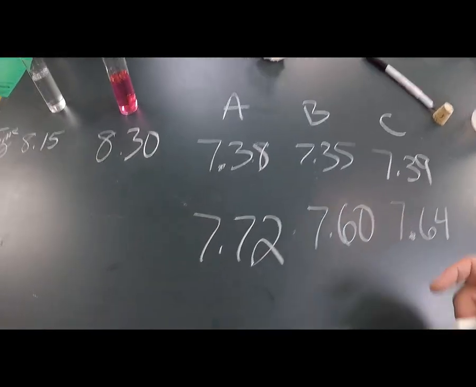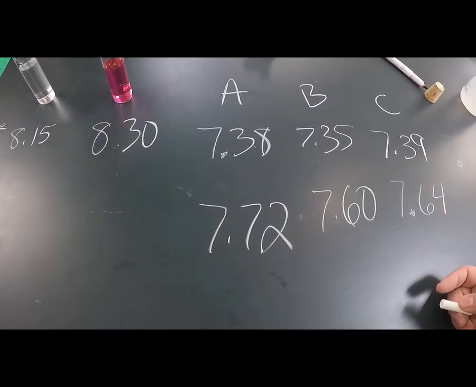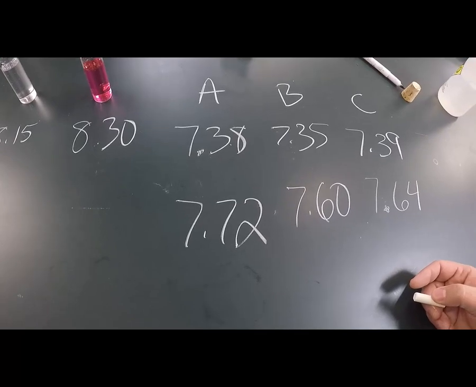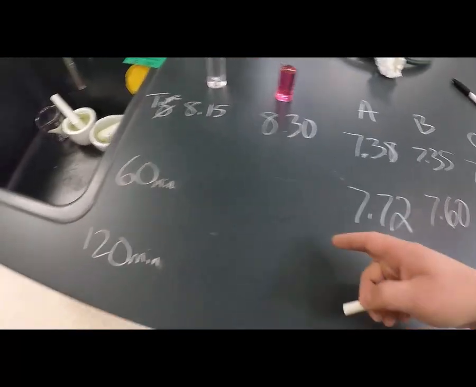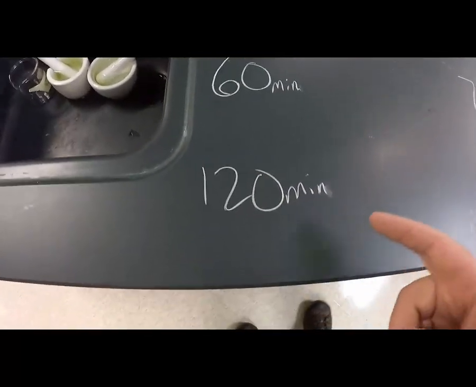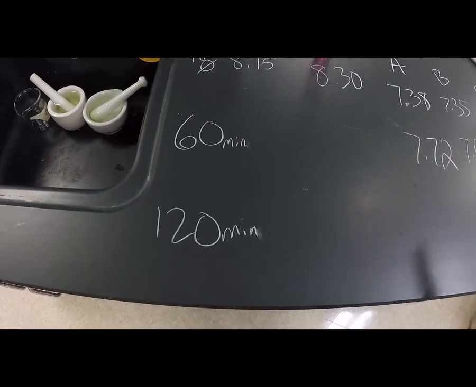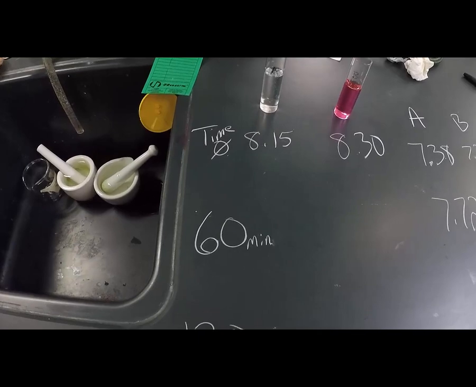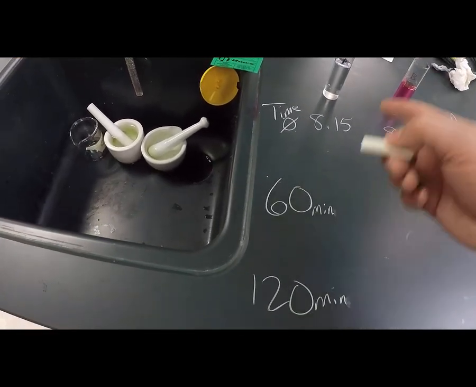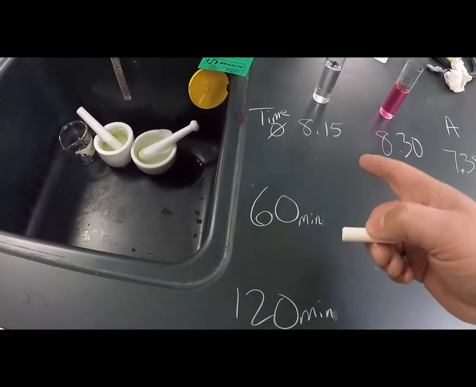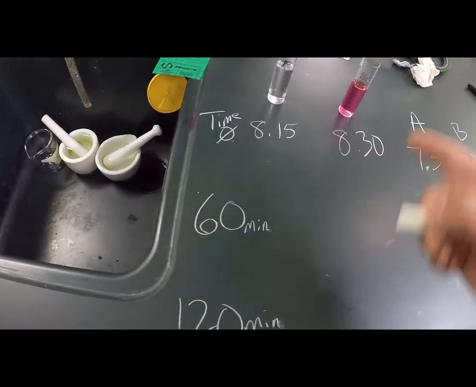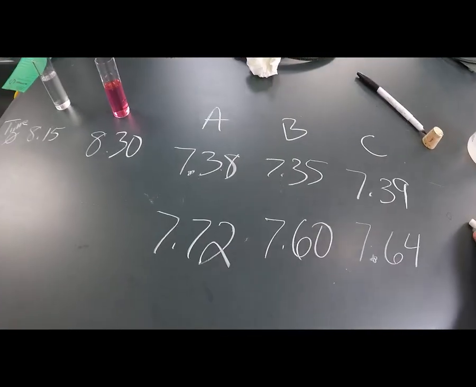This one's a little bit different, 7.38 to 7.72. We're going to let it sit for 2 hours to see if we can get a more drastic change. I'll bring it back in 2 hours. I'll also calculate what is going on in water and just phenol red.